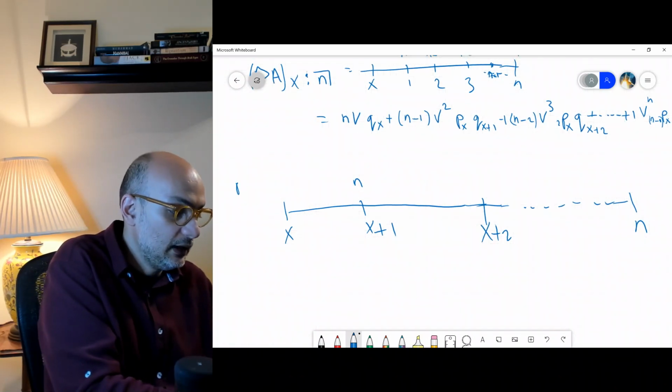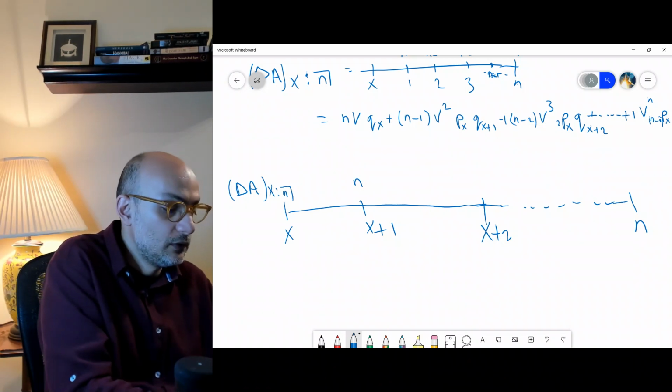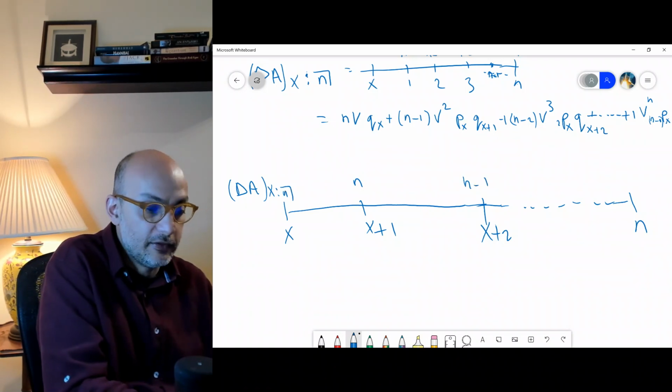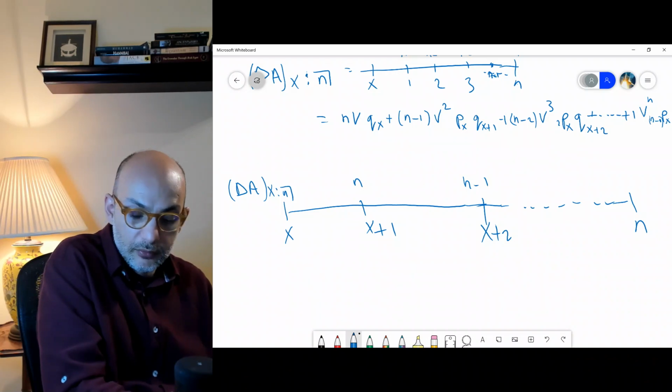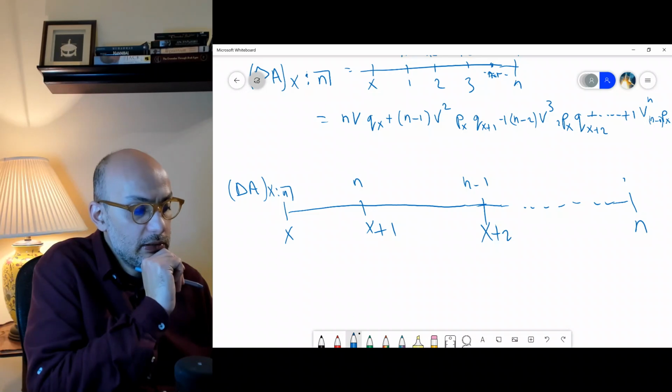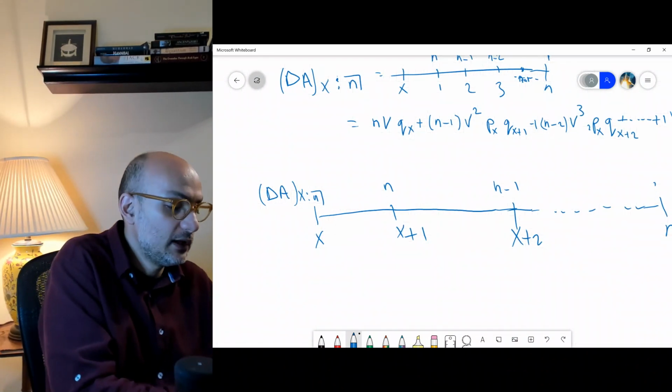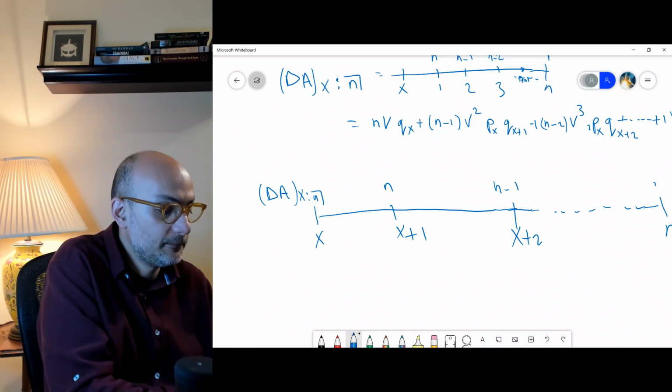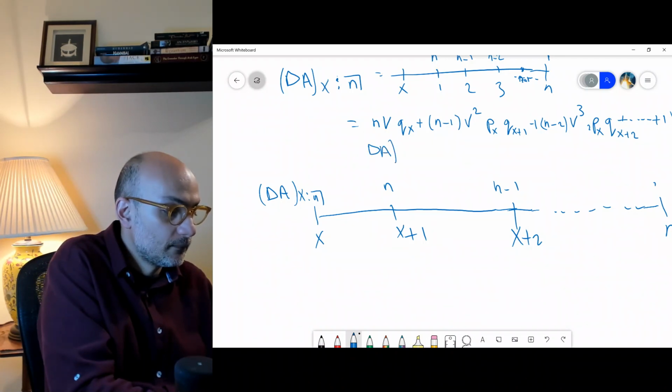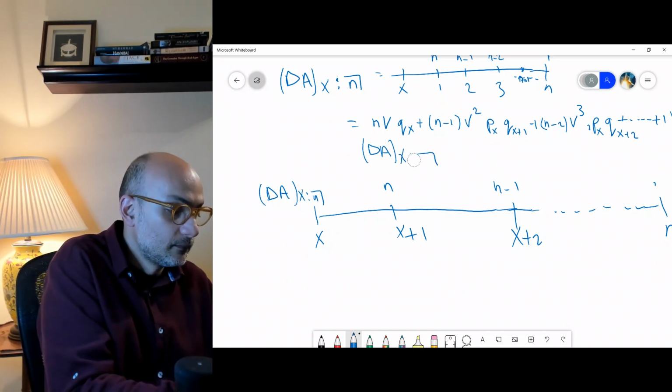For DAx, you get n minus 1, as we discussed before, and all the way the last one will be 1, right? So now imagine you're looking at another relationship. Now DA x n, x plus 1, because we are here for now n minus 1.